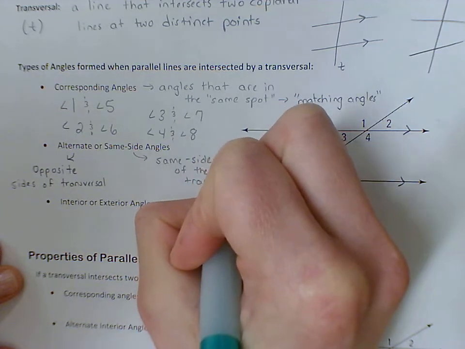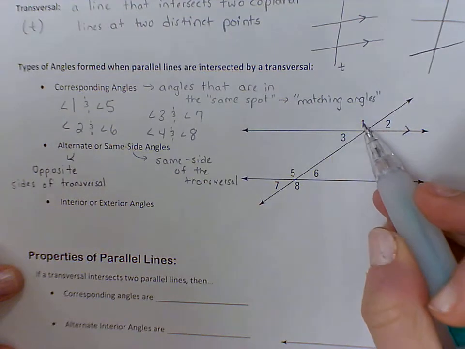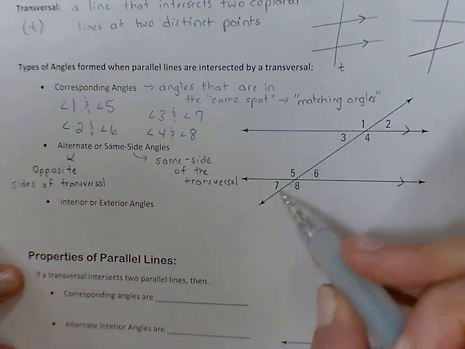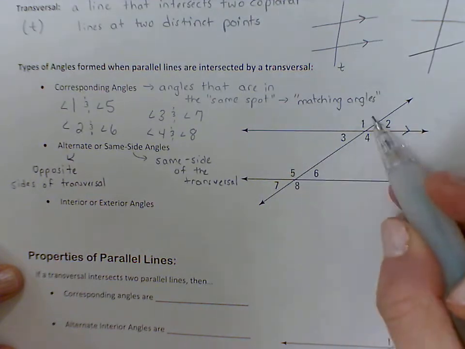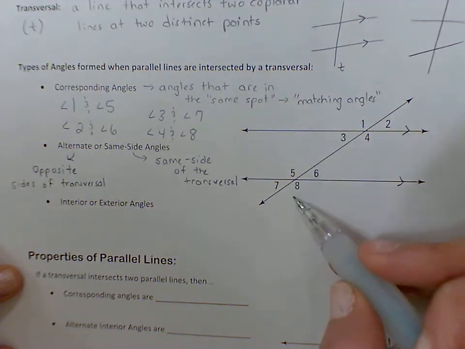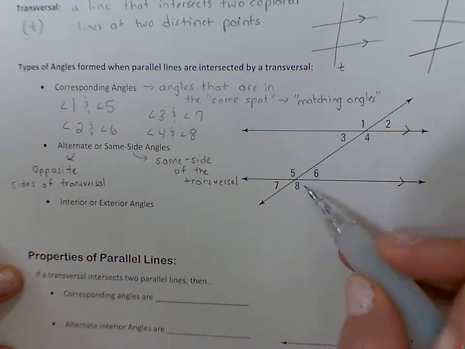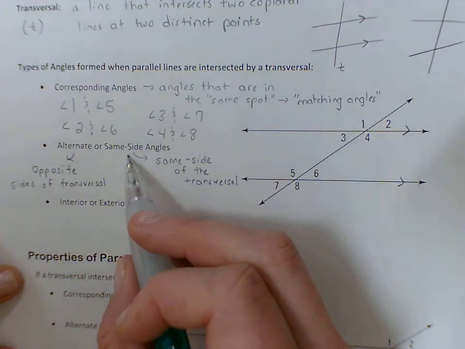All right. Just to look at that, here's my transversal. 1, 3, 5, and 7 are all on the left side of the transversal, and then 2, 4, 6, and 8 are on the other side. So 1, 3, 5, and 7 would be called same side angles.